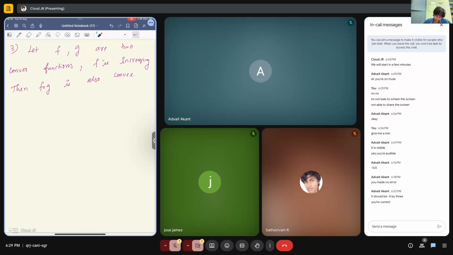So let's try to write the proof. What does it mean that f and g are convex functions?